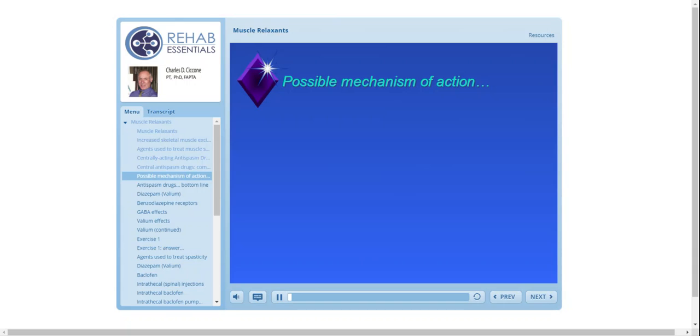So the possible mechanism of action of these drugs has been studied for some time. And we know that certain drugs like carisoprodol, one of the key members of this group, enhance the GABA ability to inhibit neuronal activity in the brain. We're going to talk a little bit more about GABA as we talk about other drugs in this section, like Valium.